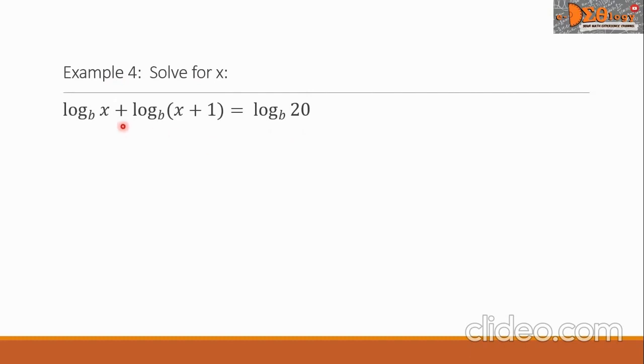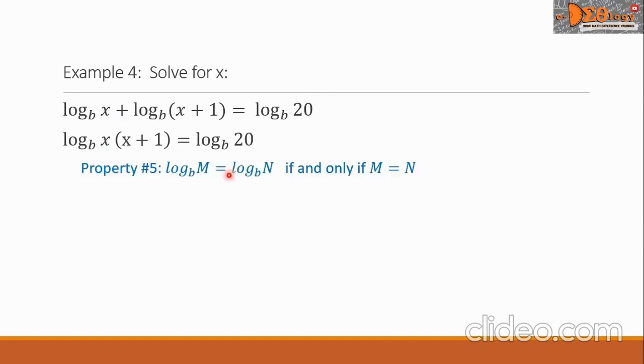The plus sign denotes a product for the x and the x plus 1, so we will combine them. We now have the log of the product x times x plus 1 to the base b equals, the right side is still the same, the log of 20 to base b.